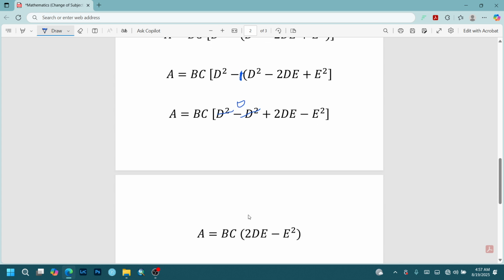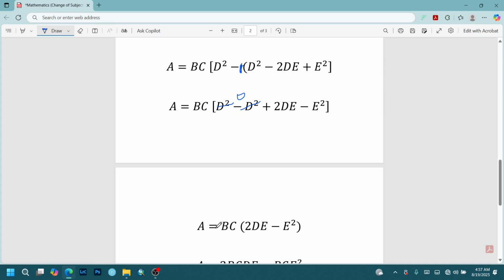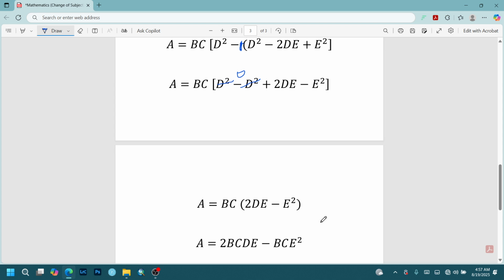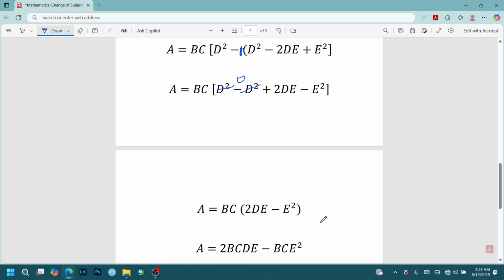So we have our equation to be a equals bc multiplying 2de minus e square, right? So we simplify by doing some expansions, right? So a equals b square multiplying 2de minus e square, all in bracket.